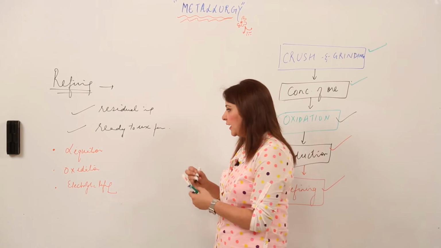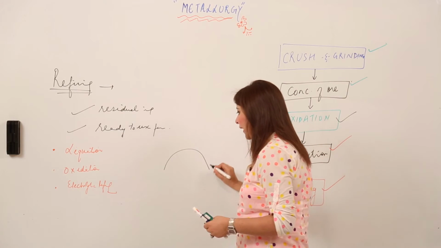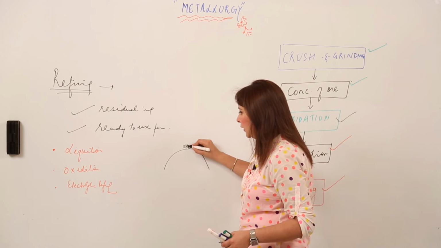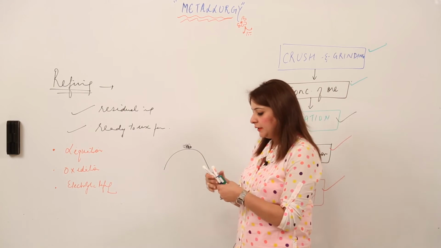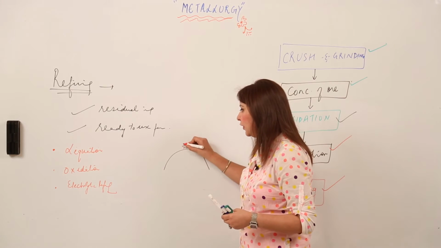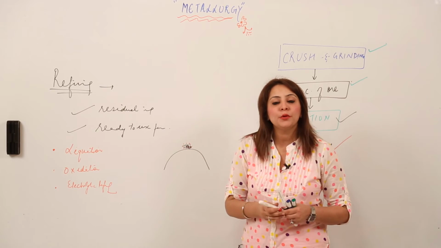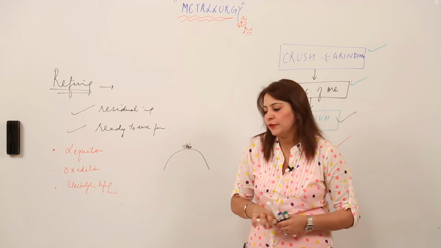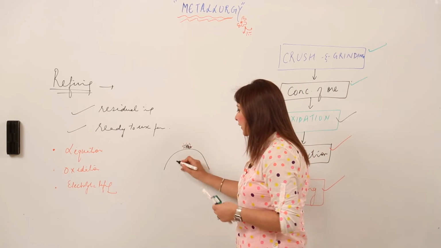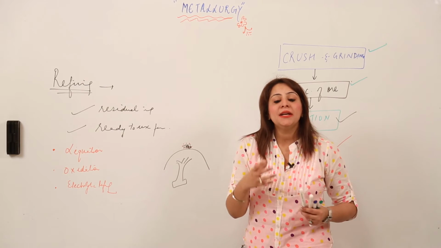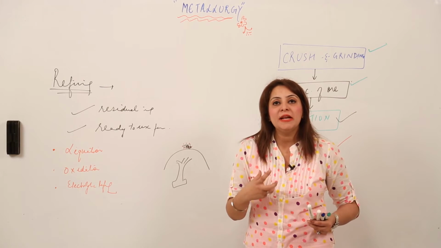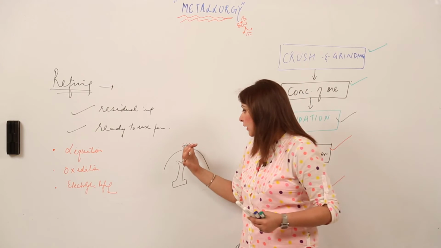We take an earthen slope like this, and we keep the metal obtained after the reduction on it. As we know, it contains residual impurities, sticking to its surface. So we heat it with the help of a burner. As we know, metals have a lower melting point as compared to the impurities.